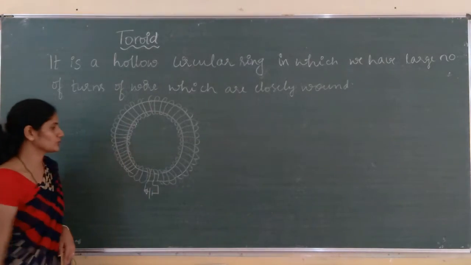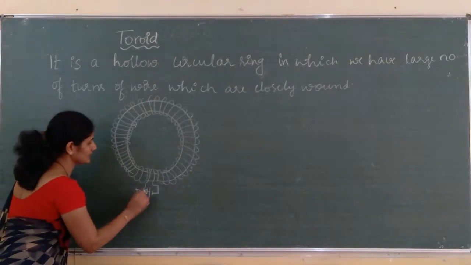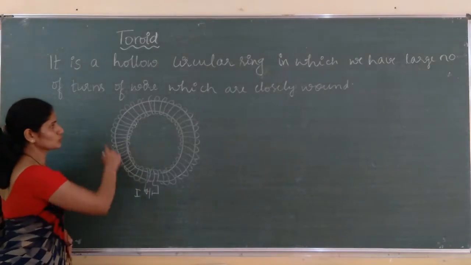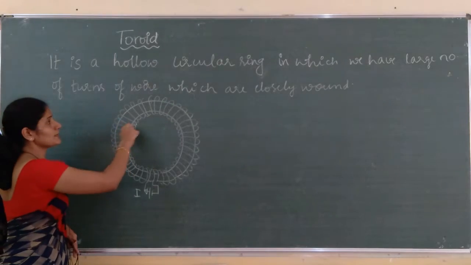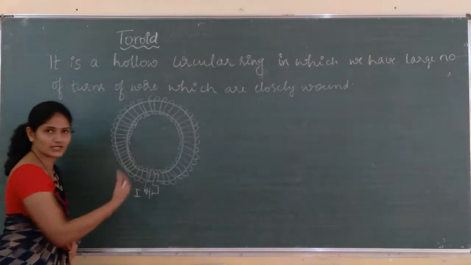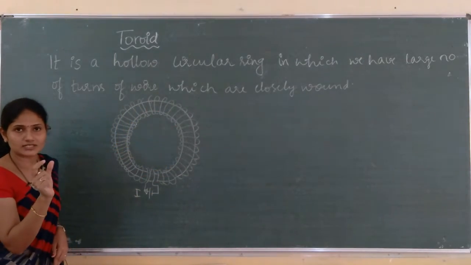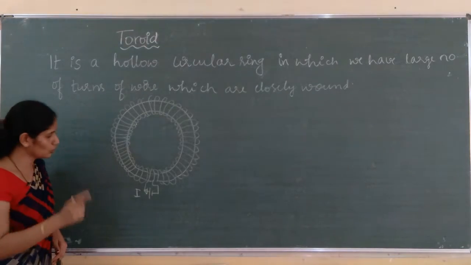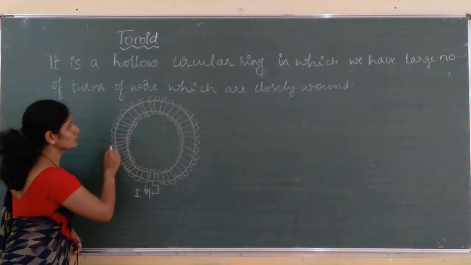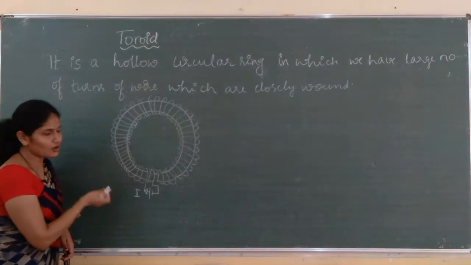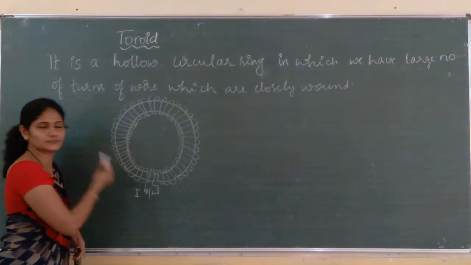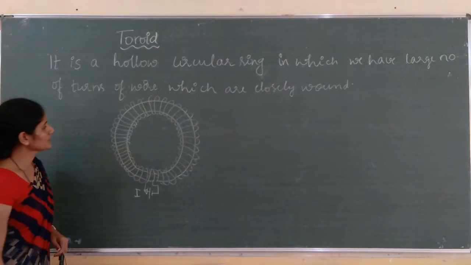When it is connected to the external circuit, current I flows through the coil, right. So, here we have N number of turns, large number of turns are there. Each turn is considered as a circular loop. So, I is the current flowing through this toroid.